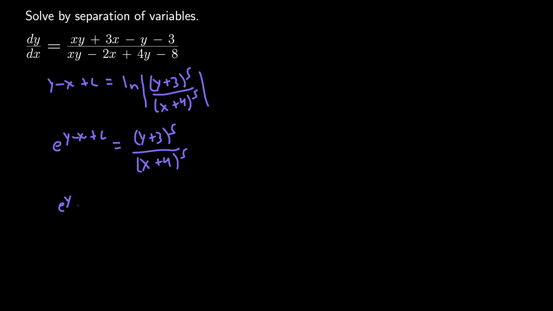Let's go ahead and rewrite the left-hand side. So e to the y over e to the x, and then our integration constant, we could just call it c, because e to the c is just a number at this point. So we'll just rename that to simply c. And then on the right-hand side, we'll bring that down. Next, we'll go ahead and clear the fractions.